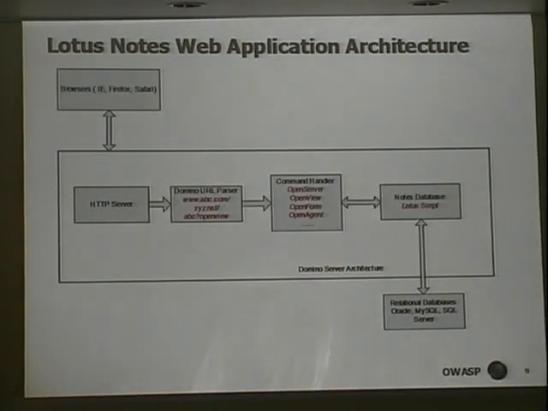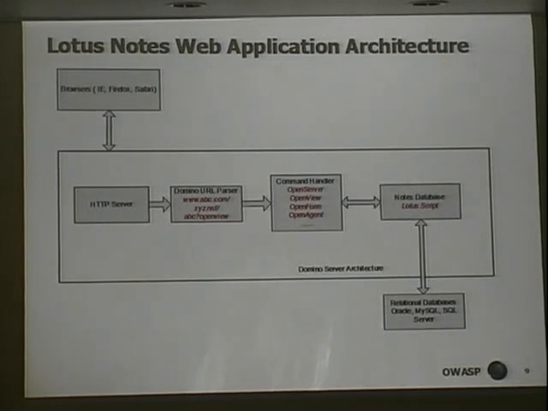So how Notes interacts with the browser, and how Domino server is different from Apache, IIS, and other normal web servers. Actually, there are two big components in Domino server. One is a still traditional HTTP server, but there's another component called Domino Web Engine.